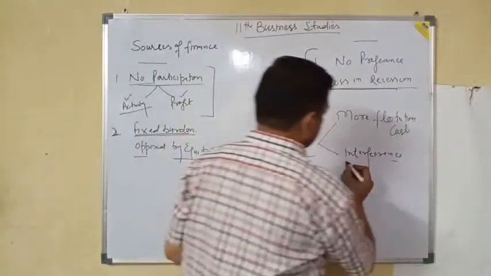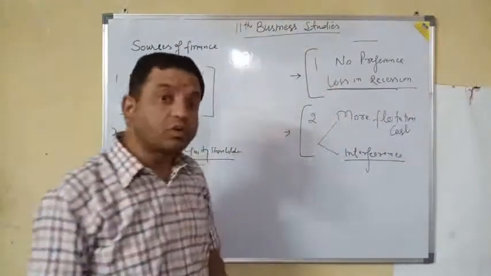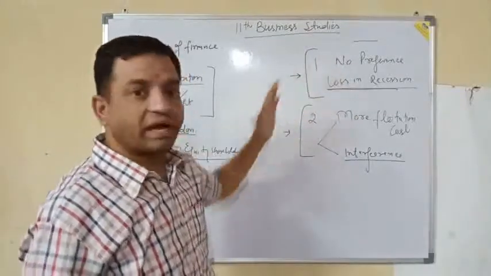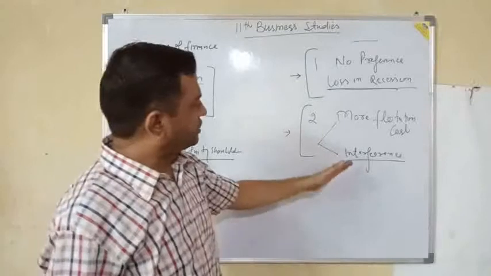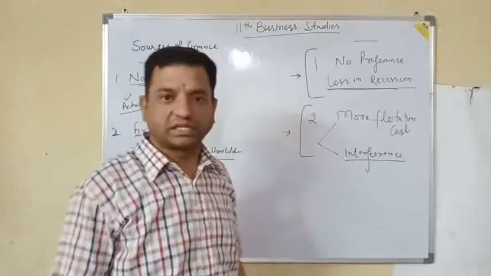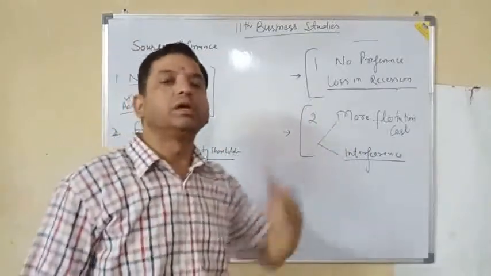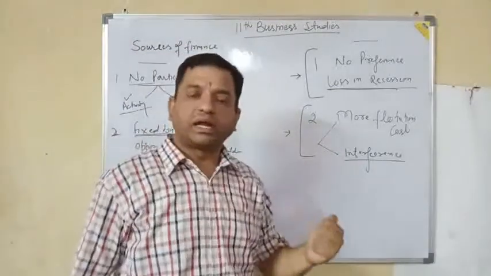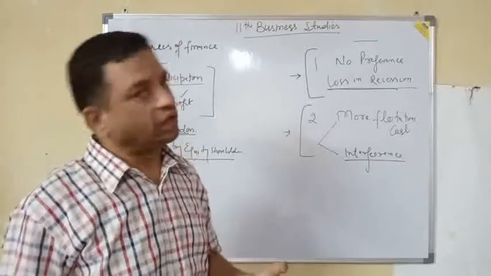The last disadvantage of equity share for the company is that all these equity shareholders have the right to participate, so they interfere all the time in all the matters. Sometimes shareholders interfere in such a manner that it interrupts the normal functioning of the company.